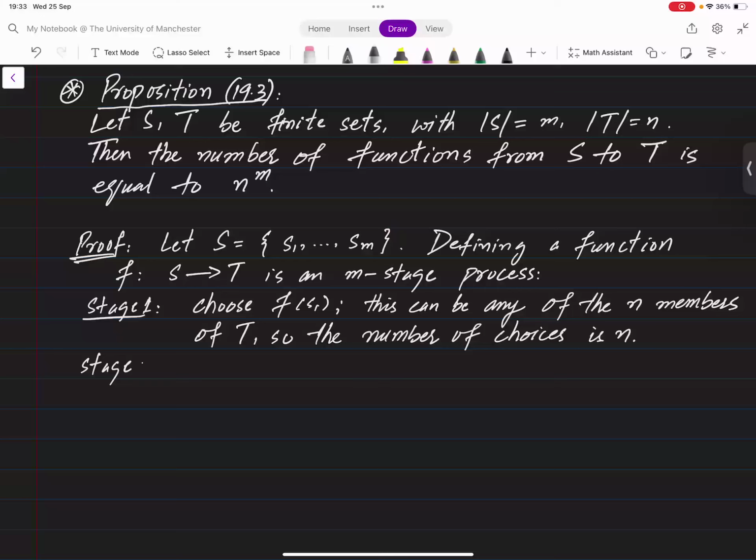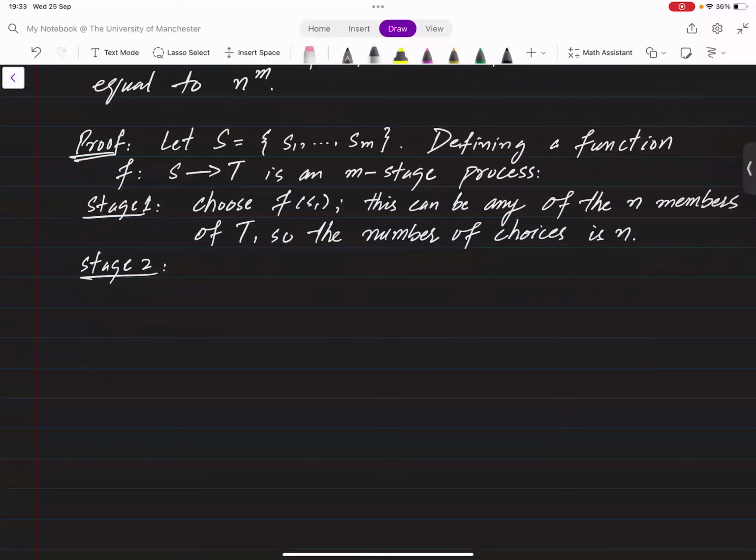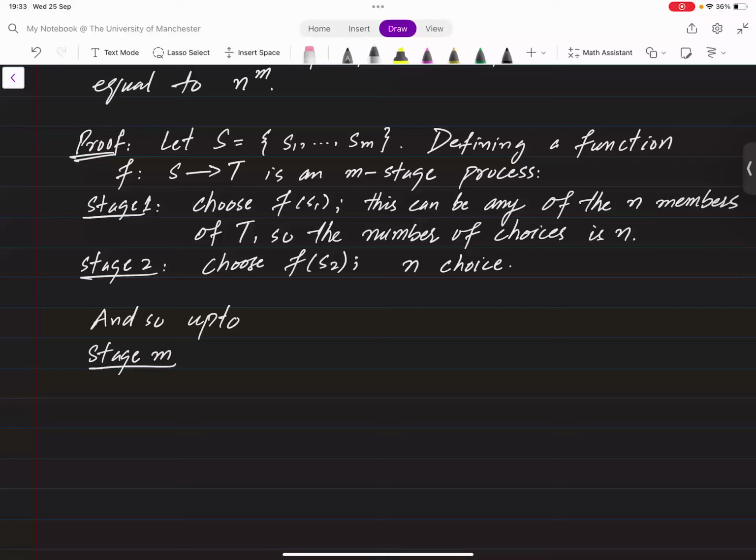Stage 2, again choose f of s2. So again we have n choices, and so on up to stage m, where we choose f of sm, again n choices, right?